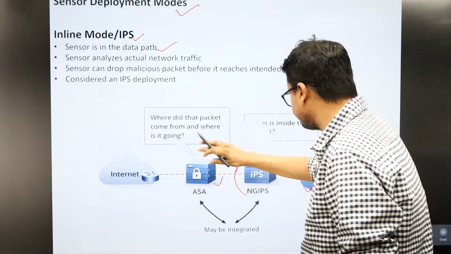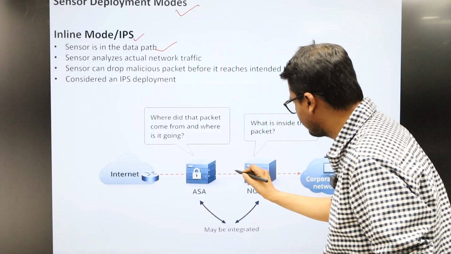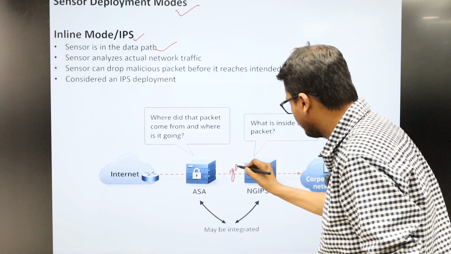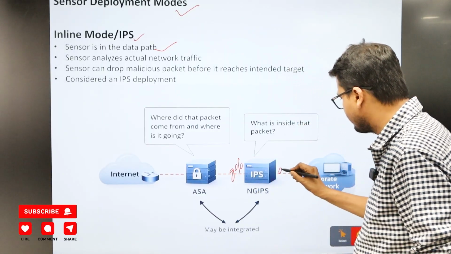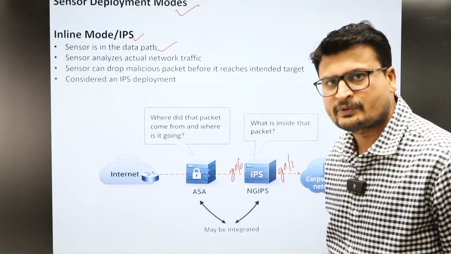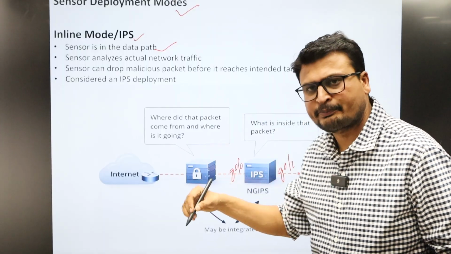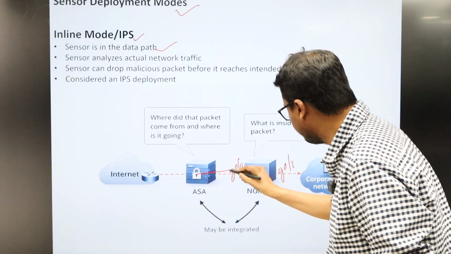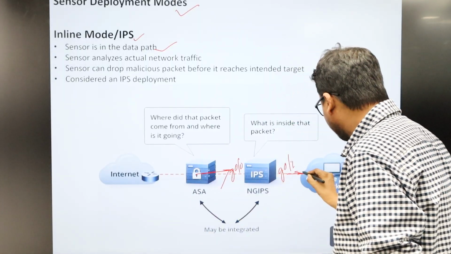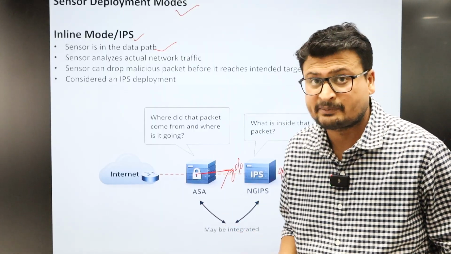And this IPS has two interfaces. Let's say this is G0/0 and this is G0/1 interface. Two interfaces we have. If we combine these two interfaces and a packet passes through one interface and exits through the other interface, this type of deployment is called IPS deployment.